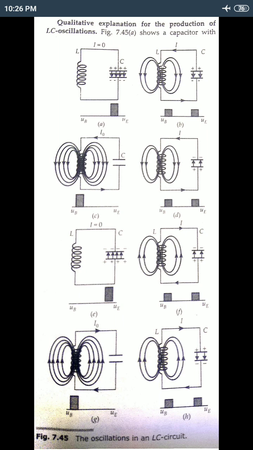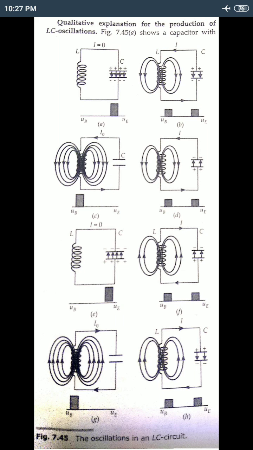At a later instant, what happens? The capacitor gets fully discharged. In the third figure you see that the capacitor is fully discharged, no charge is inside the capacitor, not a single charge is present. So a strong magnetic field is built around the inductor.